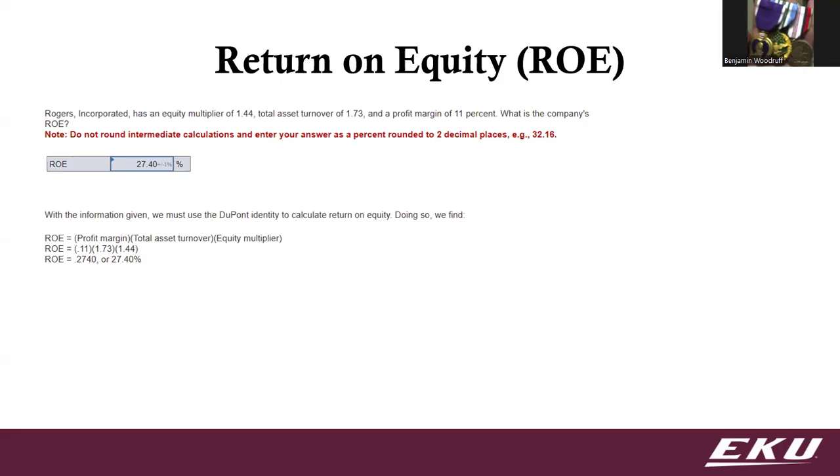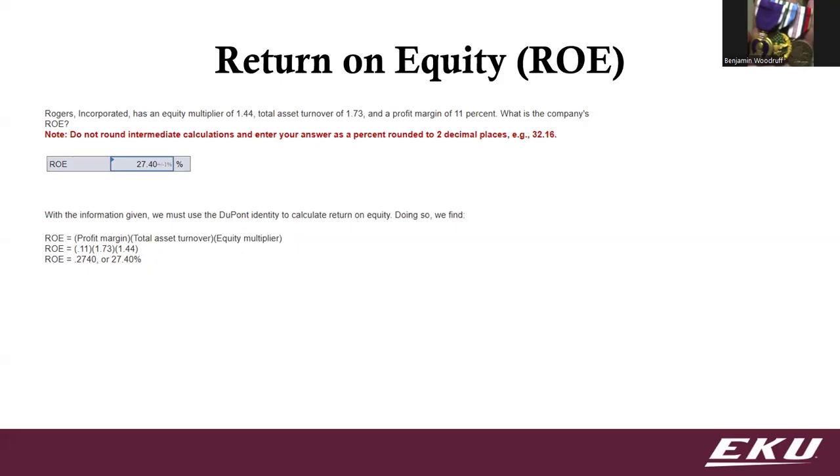So a mining company has a lot of capital tied up, whereas a grocery store's assets, because the inventory is turning so quickly, must turn over fast. So those numbers would be different anyway. But that's what the total asset turnover tells you.